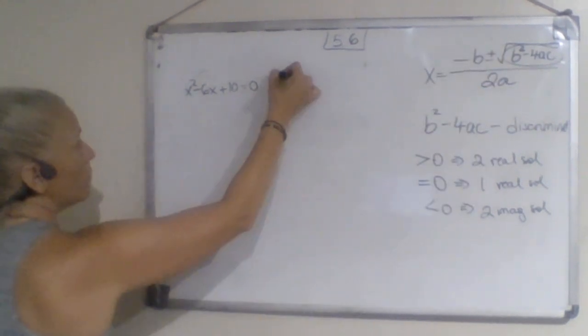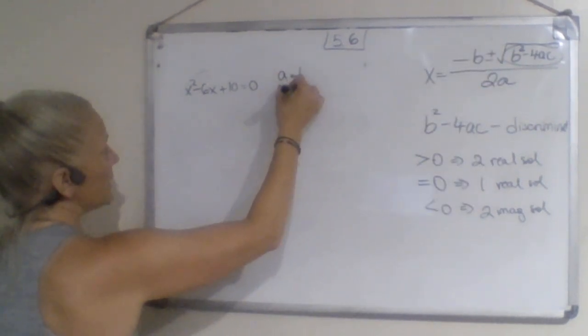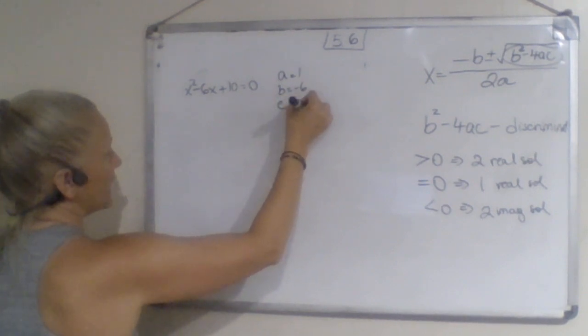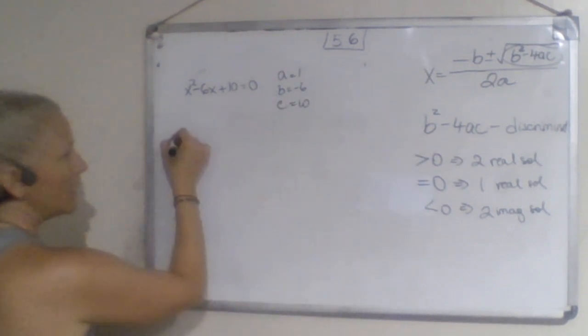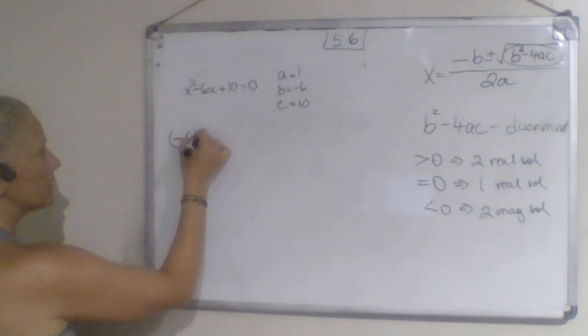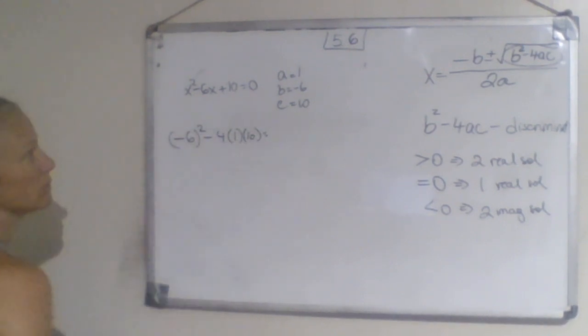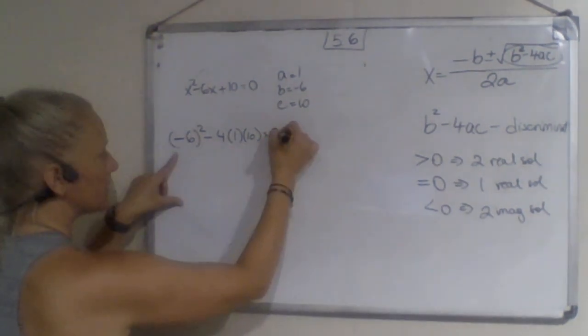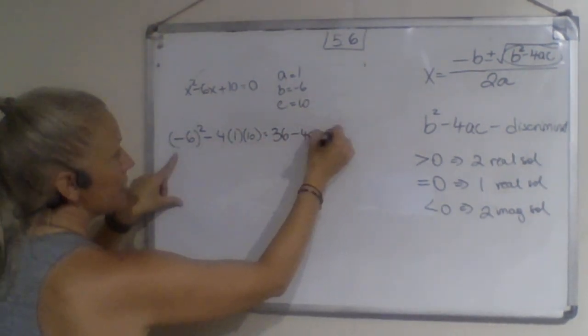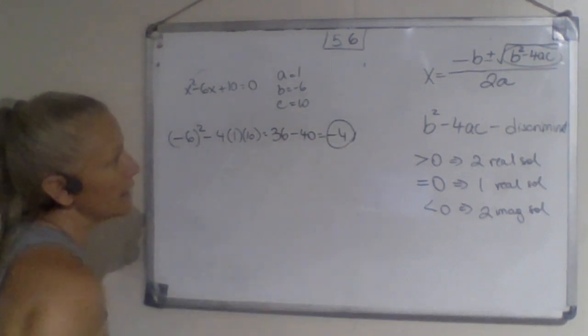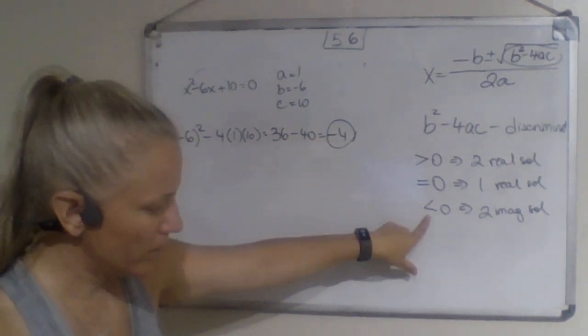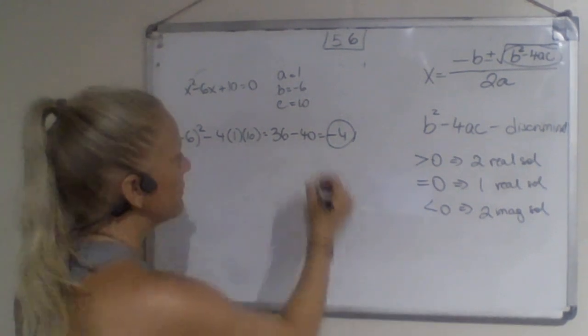My A is 1, my B is negative 6, my C is 10. What is negative 6 squared minus 4 times 1 times 10? That's all I need to know, and see if it's positive, 0, or negative. This becomes 36 minus 40, which is negative 4. That's less than 0. This one has 2 imaginary solutions.